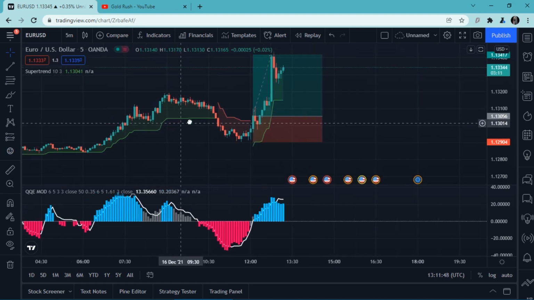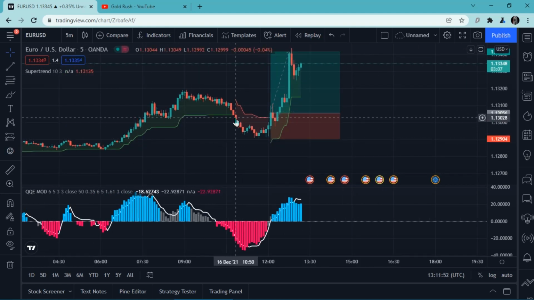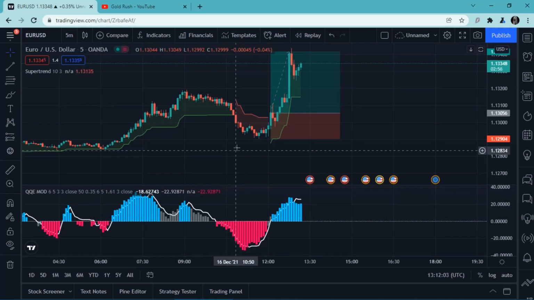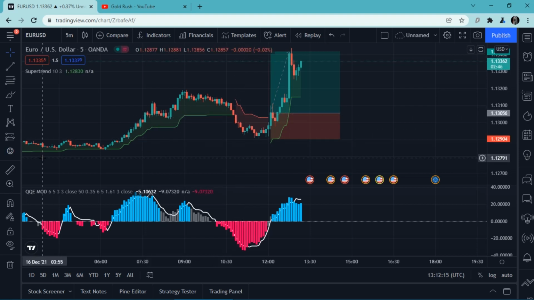Now let's go back so I can show you what I'm saying. This is a sell signal here. You can see that the whole histogram has already turned red far before this line, the Supertrend, turned red.